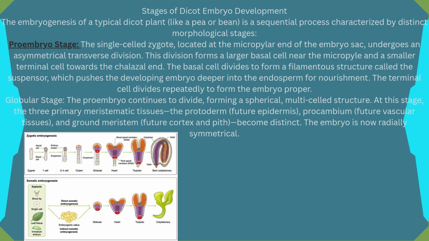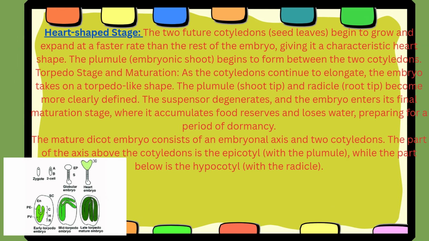The stages of dicot embryo development: the first stage is the pro-embryo stage, and the second one is the globular stage. The embryogenesis of a typical dicot plant like pea or bean is a sequential process characterized by distinct morphological stages. As you can see in the figure, all the step-by-step stages are shown.